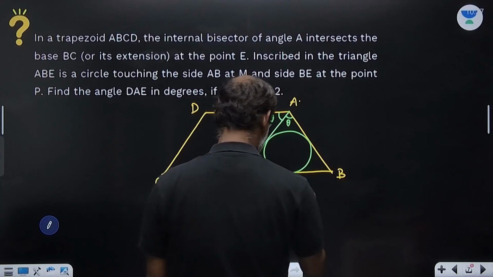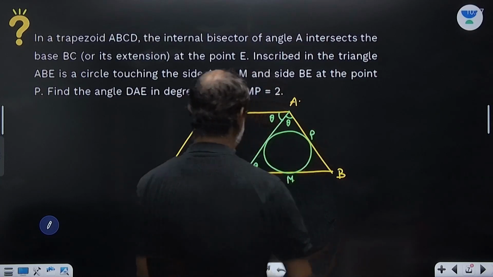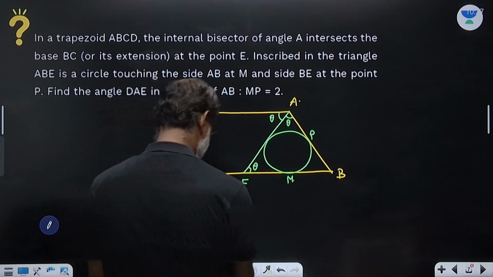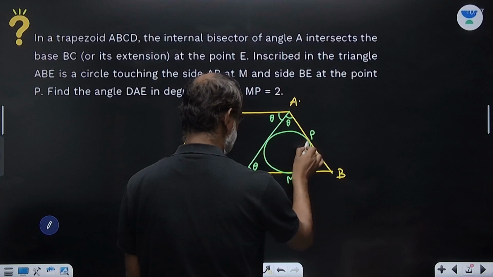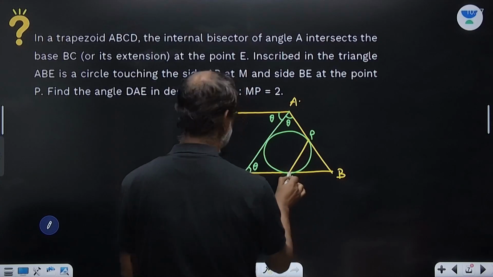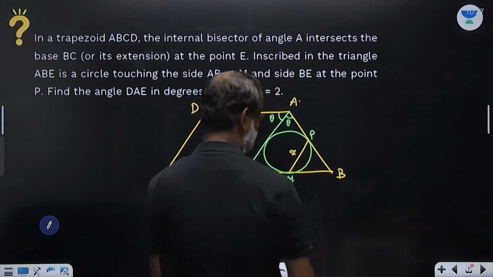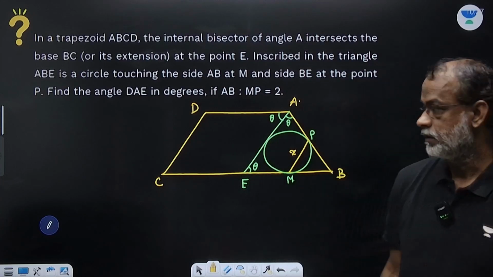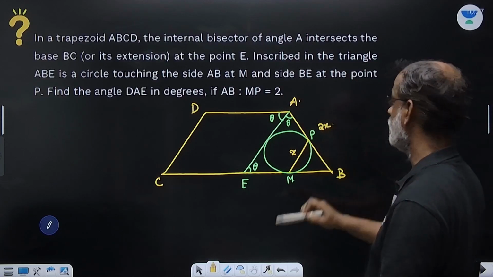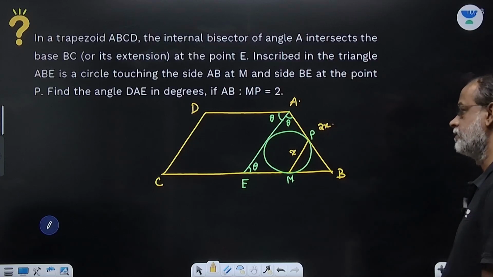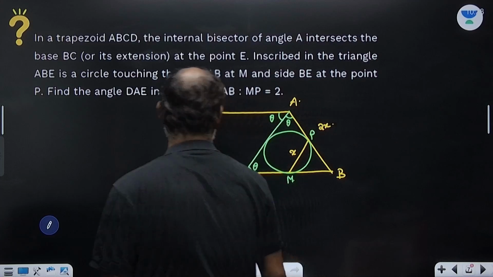This point is M and this is P. Further, AB is to MP's x. So, if this is x, AB is 2x. Okay. If this is x, AB is 2x. Now, we have to find this angle. Okay. So, we have to find angle DAE in degrees.